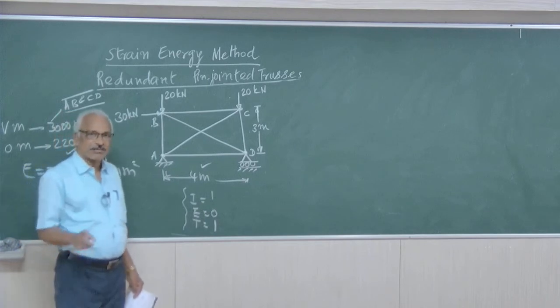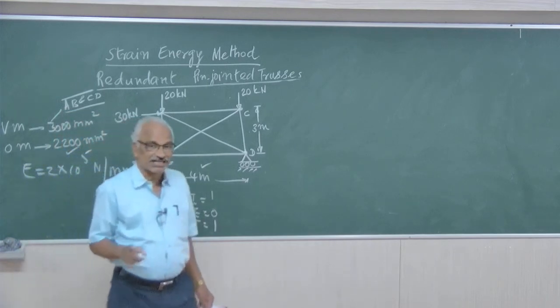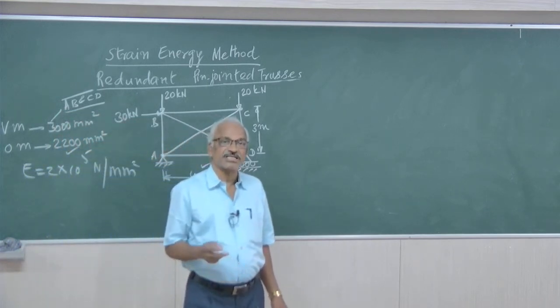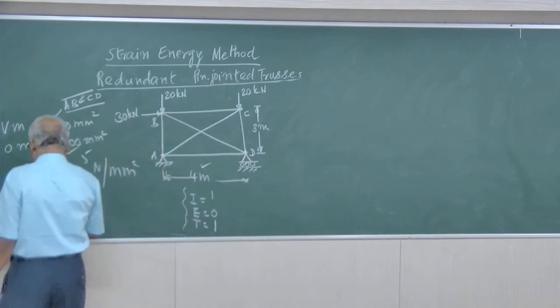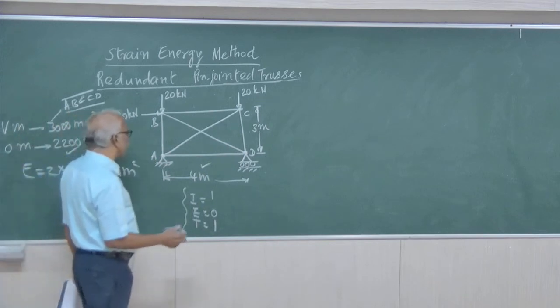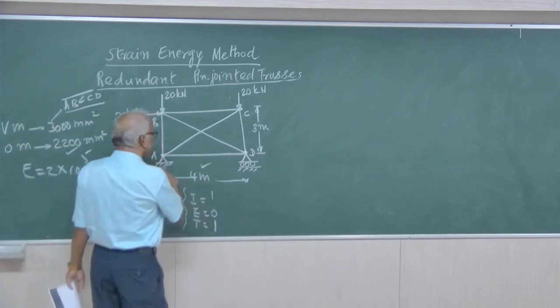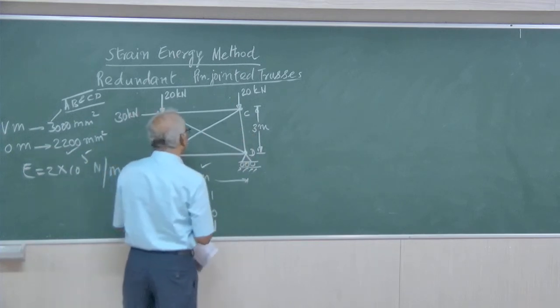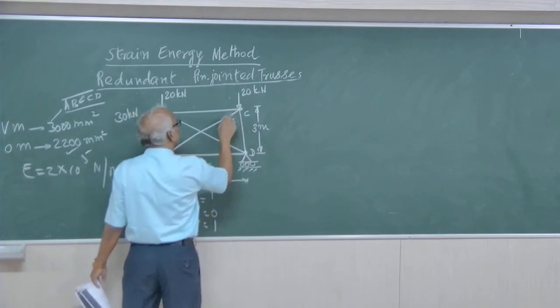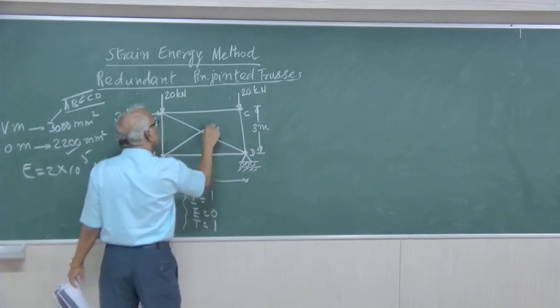So the first job is to make the structure a primary structure or statically determinate structure. Now you can treat any one member as redundant. You can treat AD as redundant or DC as redundant, or any one member you can remove. Let us conveniently treat the diagonal member as redundant member.